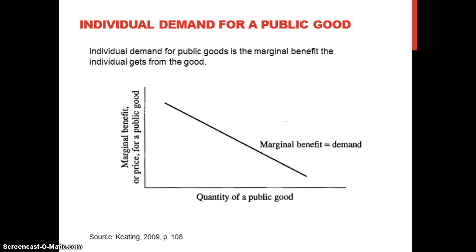Of course, they pay taxes, but they do not directly pay for these public goods. Of course, there are some public goods which require users to pay a fee. If that is the case, marginal benefit cannot be the only factor which determines consumers' usage of these goods. So price should be here.